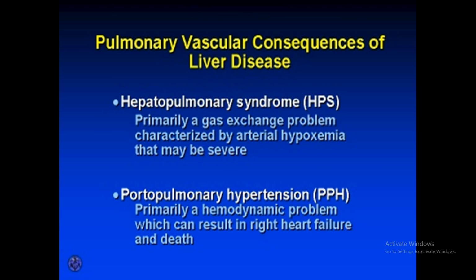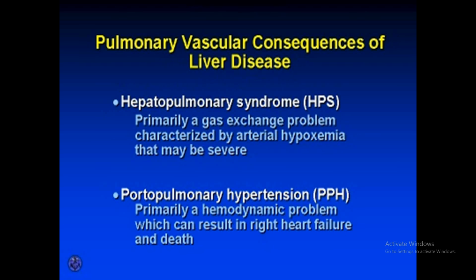That is called hepatopulmonary syndrome or portopulmonary hypertension. It is a gas exchange problem. It is characterized by arterial hypoxemia, and that may be very severe. SpO2 level decreases, PO2 level decreases in this case.